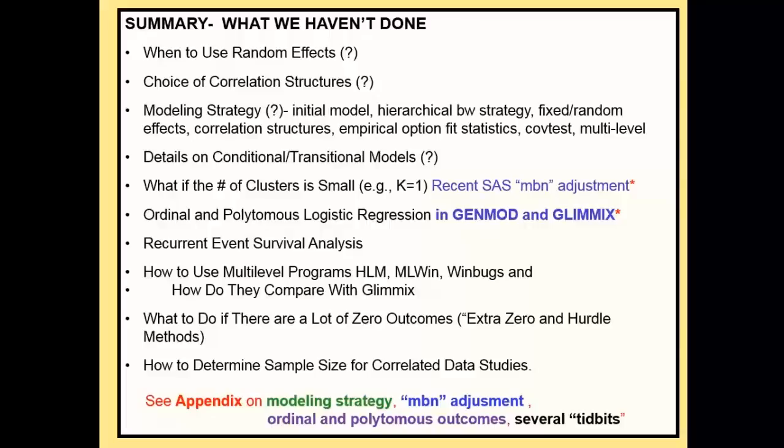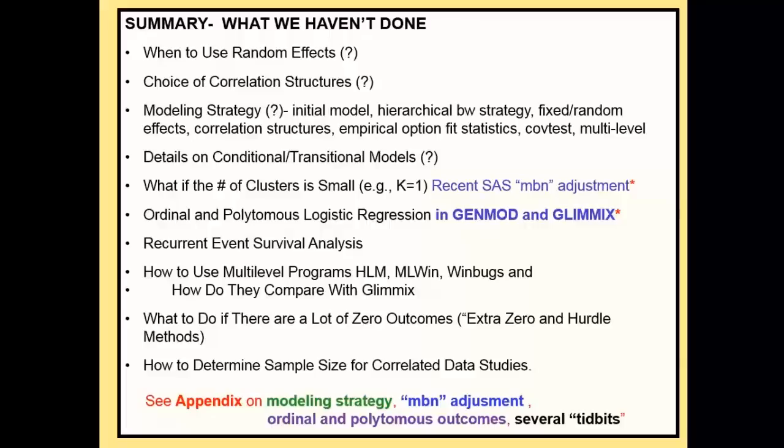But now when you're talking about correlated data, it's more complicated, because not only do you have to worry about what the initial model is and the hierarchical backward elimination strategy, where BW stands for backward, you also have to worry about how you deal with the fixed and the random effects in the model you're going to consider using. How do you deal with the correlation structure?